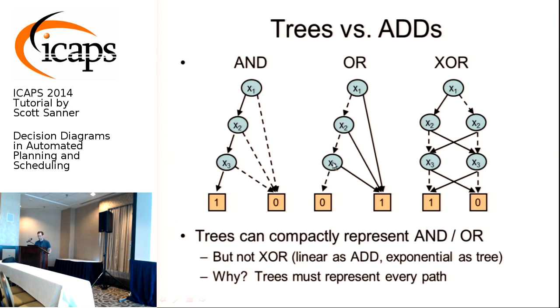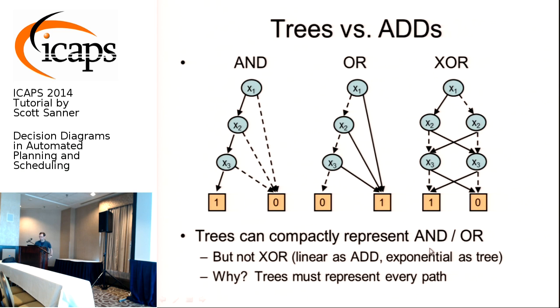But one place where there's an exponential separation between trees and ADDs is for functions like the XOR function, right? So as a tree, think every path from root to leaf would be a different tree branch, right? And so the question is, how many total branches are there in this decision diagram? Well, an exponential number because of the recursive referencing structure.